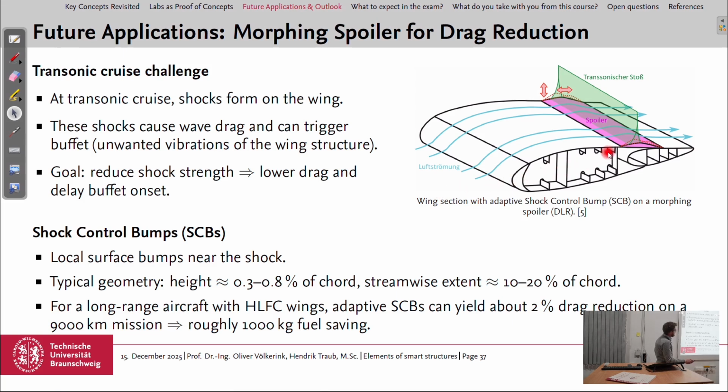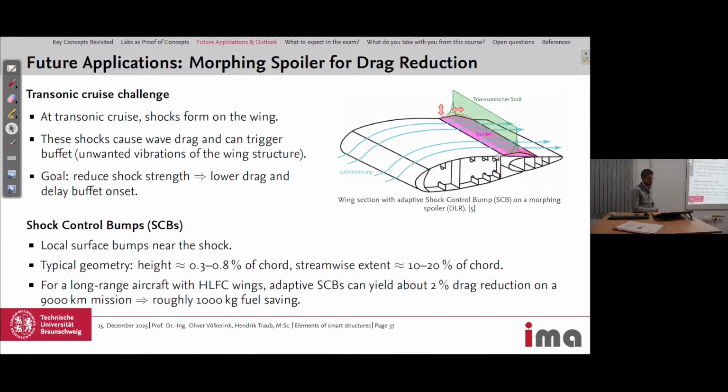They included these shock control bumps here, which could be activated. So if the wing is in a state near these shocks, then they would extend a bit of the surface here to create the shock control bumps and get rid of the shocks.